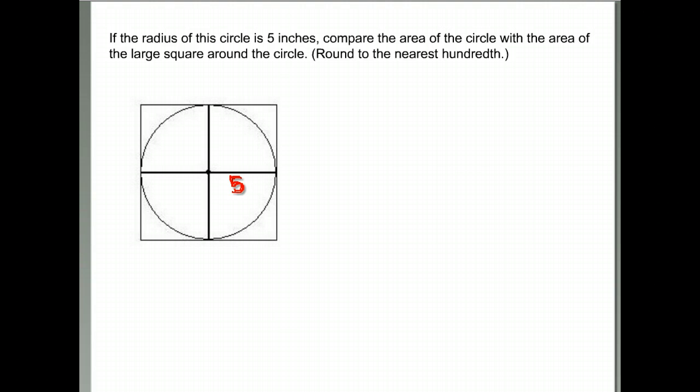That's okay. So we're supposed to compare the area of the circle to the area of the square. So let's find each area. What would the area of the circle be if you have a radius of 5?